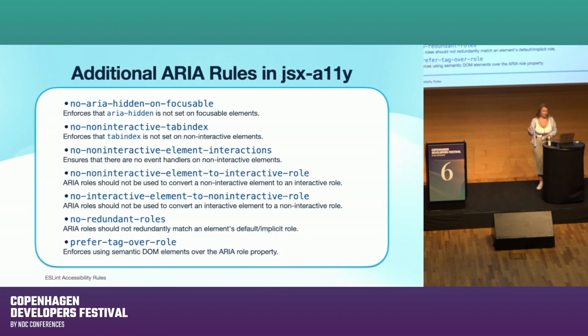These are some of the additional ARIA rules that are so far only available in the React JSX accessibility plugin. These rules can be applied incrementally to improve ARIA and usage of semantic HTML elements in an existing code base, such as not allowing an element with an inherent non-interactive role, like a div, to be assigned an interactive role, like a button.